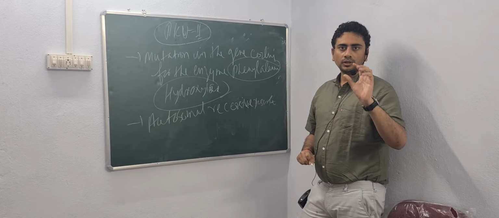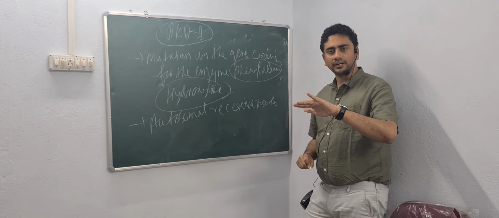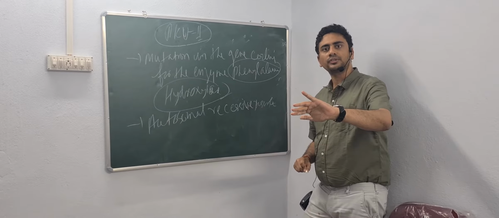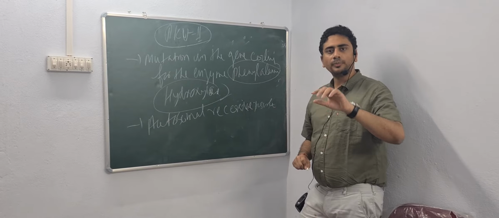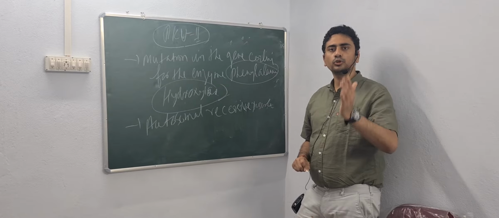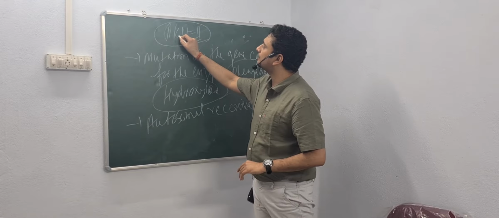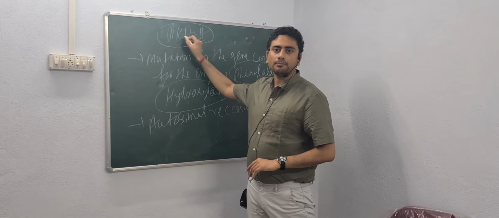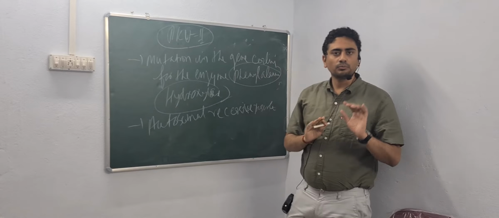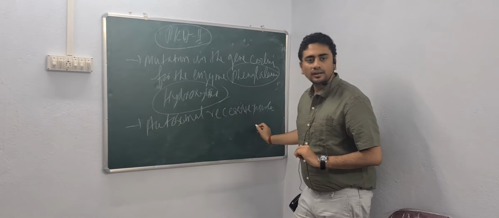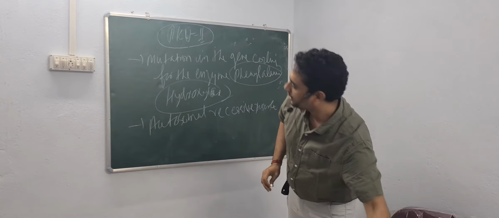If a person inherits both defective copies, from both mother and father, then only this classical phenylketonuria will happen. Otherwise it won't happen. The mode of inheritance is autosomal recessive, that you should remember.